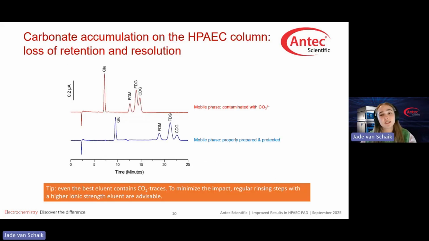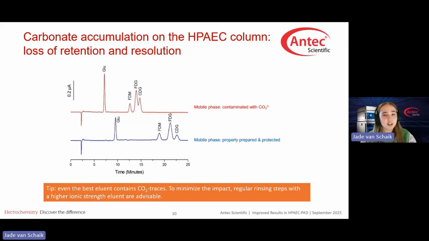To emphasize the last statement, I will show two chromatograms. The blue one shows the separation of halogenated carbohydrates with the mobile phase properly prepared and protected from the environment. The red trace, however, shows the same instrument, same column, same eluent, same operator.